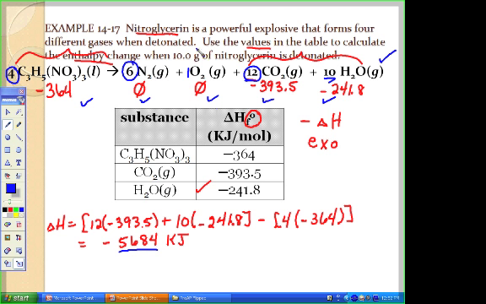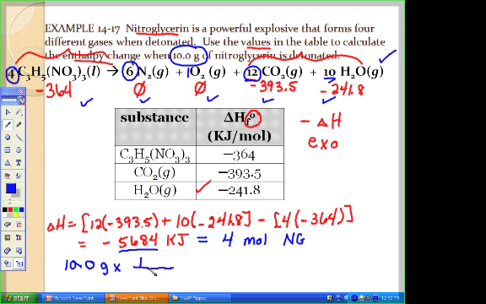Now the question asks us, what is the change if I have 10 grams of nitroglycerin? So I have 10 grams. This is going to be this many kilojoules for 4 moles of my nitroglycerin, because it's per the balanced reaction, and there's a 4 there. So mass to moles, use molar mass.